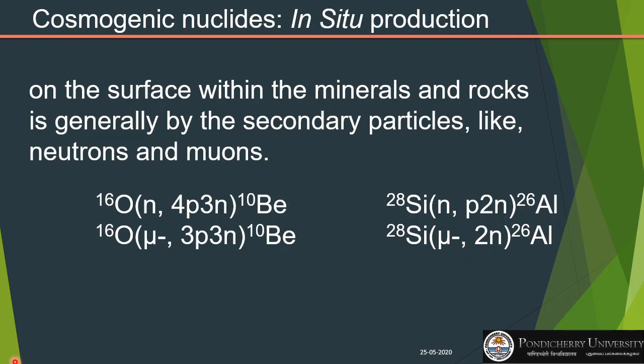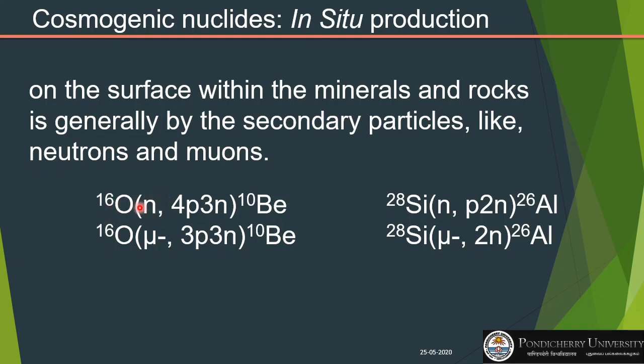Just to give you an example, 10 beryllium, which we also discussed as an atmospherically produced cosmogenic nuclide in the last lecture. For the atmospheric production, the target nuclei were basically oxygen and also nitrogen. The same 10 beryllium can be produced in situ, that is in the minerals, using the oxygen present within the minerals.